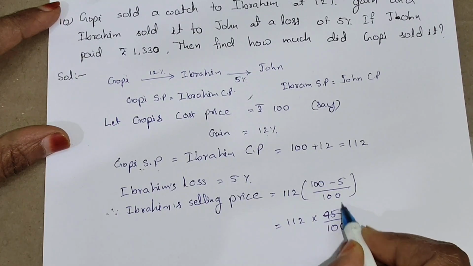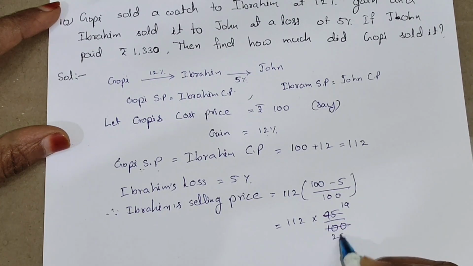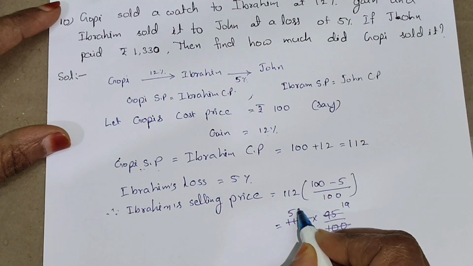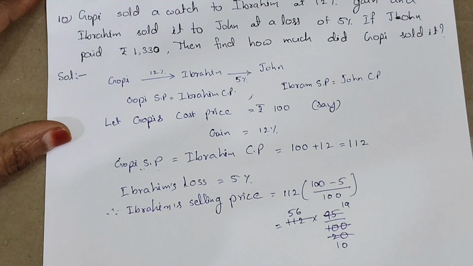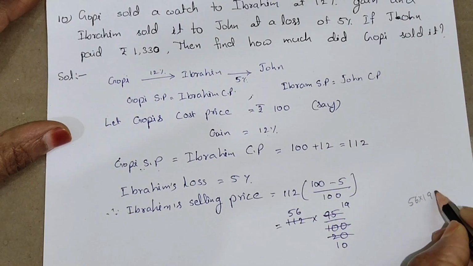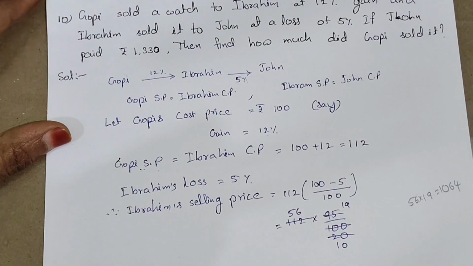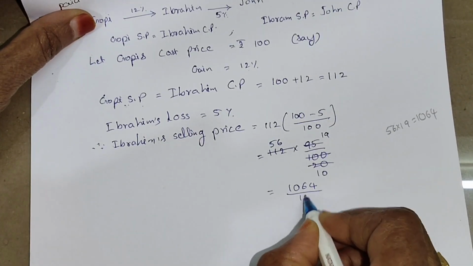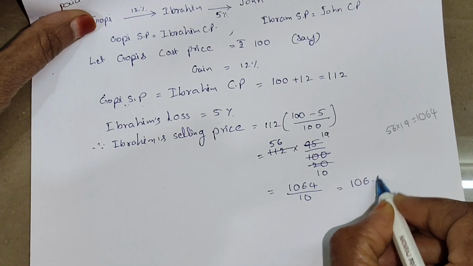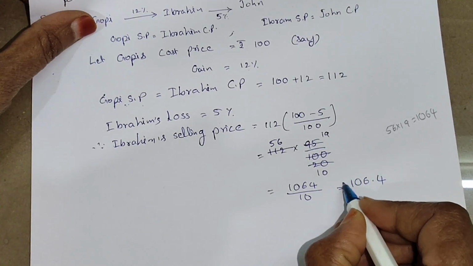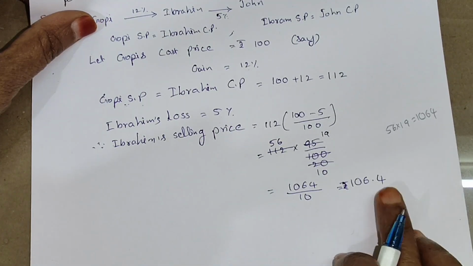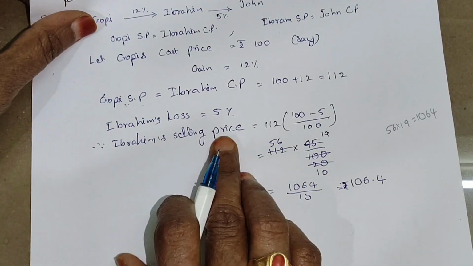First 5 1s are 5, 5 9s are 45, and so on. Again we take the 2 table, 2 10s are 20, 2 5s are 10, 2 6s are 12. Here 56 into 19 is equal to 1064. So now 1064 by 10 is equal to 106.4 rupees. So this is Ibrahim's selling price: 106.4.